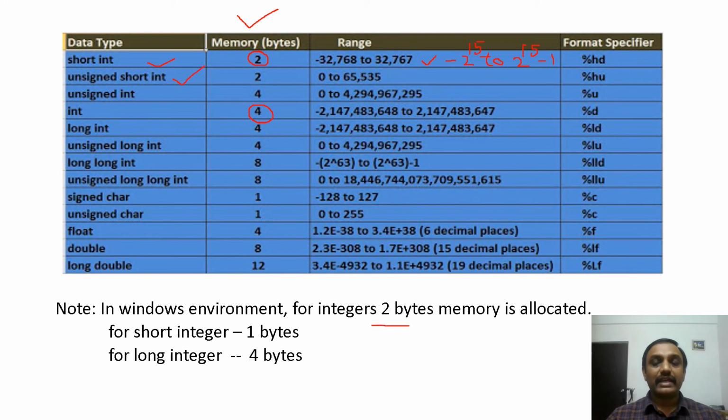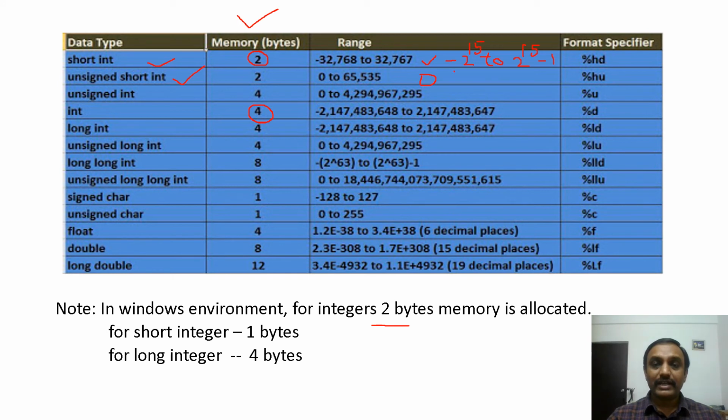Then if it is unsigned, the first one is a short int. The default is signed. If you don't mention signed or unsigned, the compiler takes that one as signed and allocates memory, and the range is like that only. If it is unsigned, only positive numbers are allowed starting from 0.